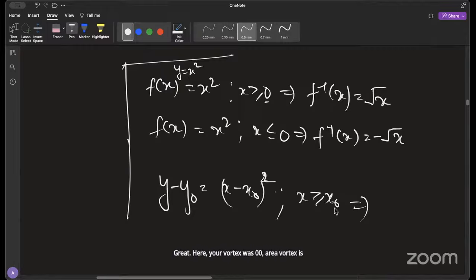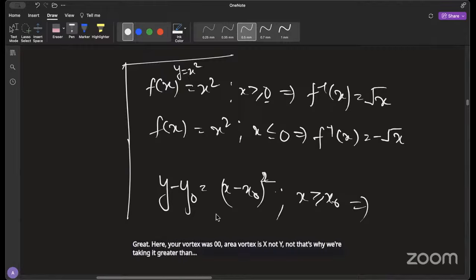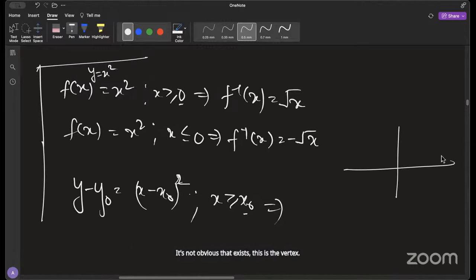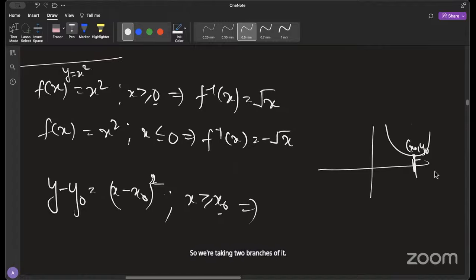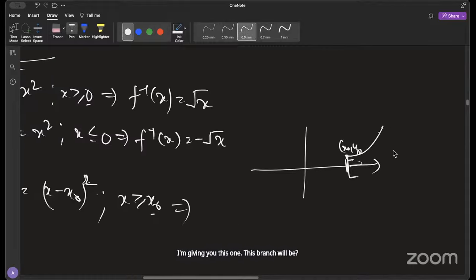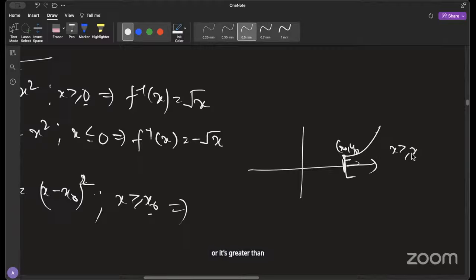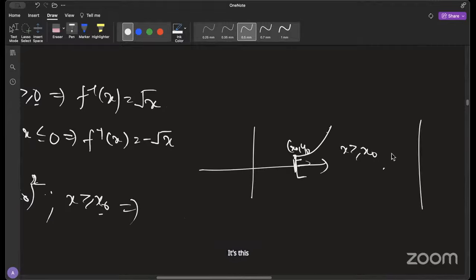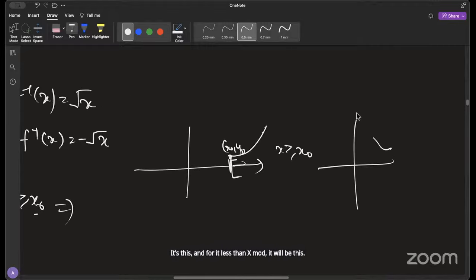Here your vertex was 0, 0. Here your vertex is x naught, y naught. That's why we're taking it greater than x naught or less than x naught. So we're taking two branches of it: either only this branch, or the decreasing branch. For x greater than x naught, it's this, and for x less than x naught, it will be this.